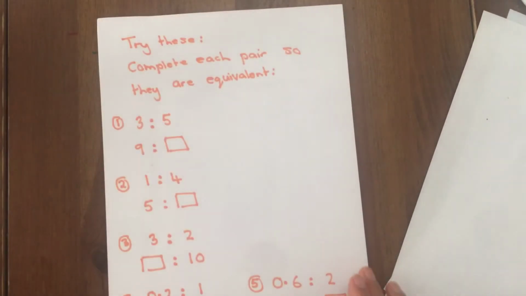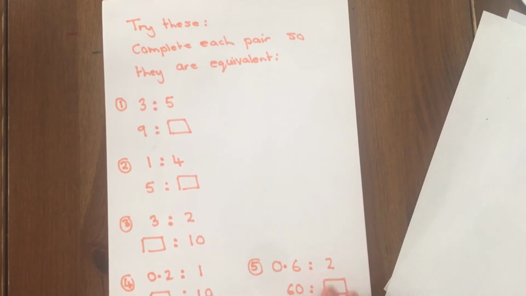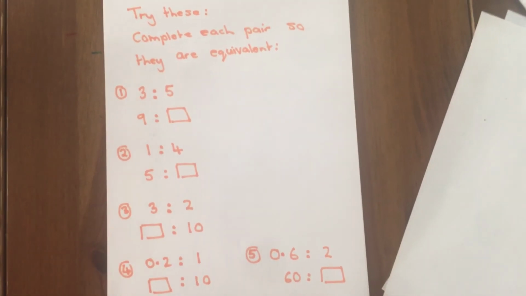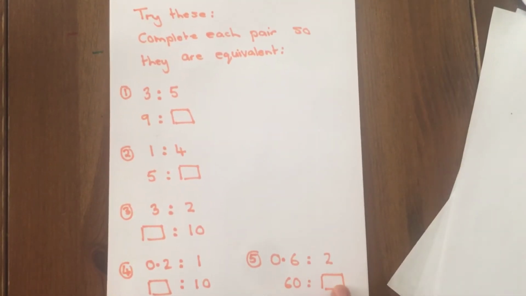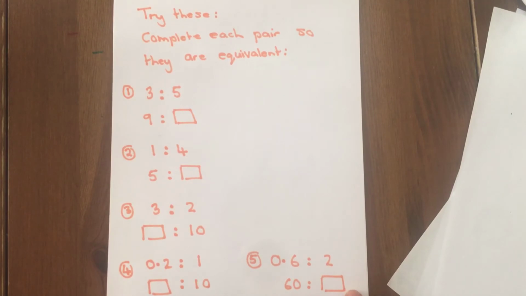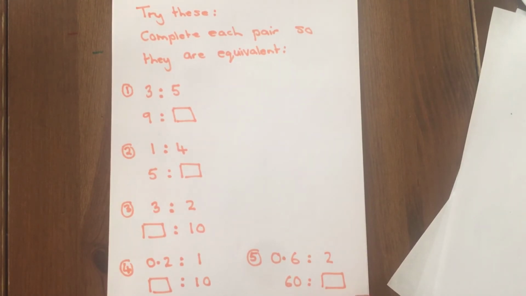Okay, so you're going to have a go at doing some of these now. I'd like you please to pause the video and have a go at completing the equivalent pair here. So pause and have a go, and I'll go through the answers.